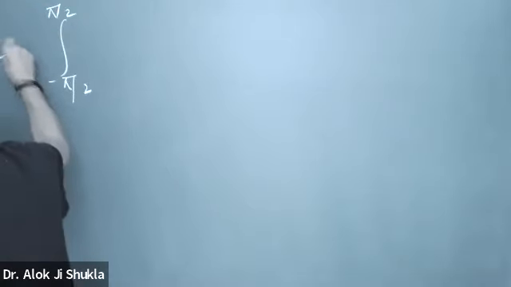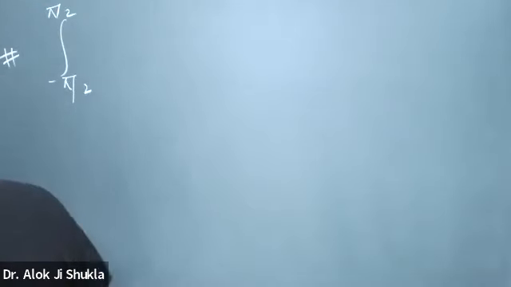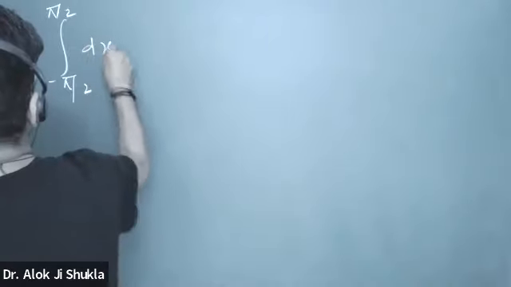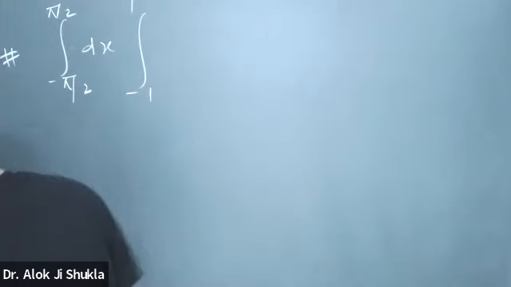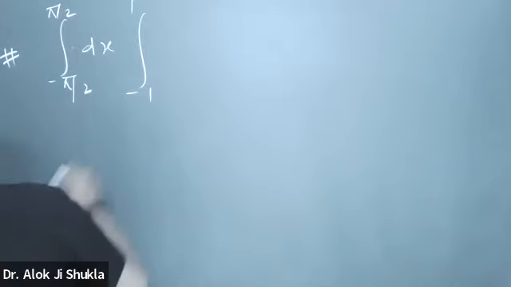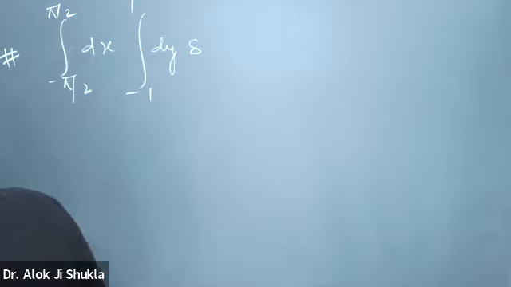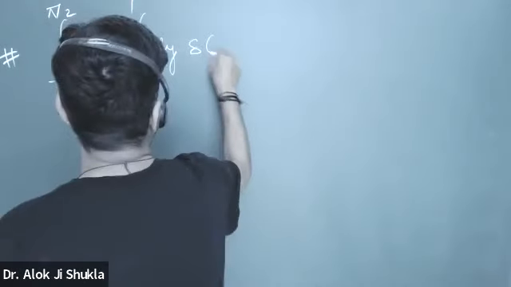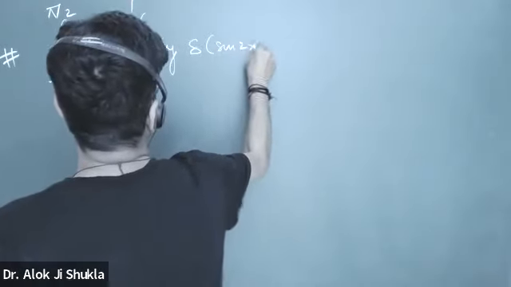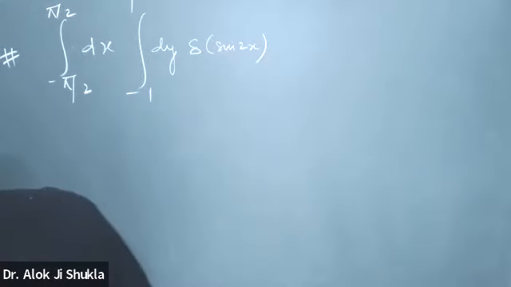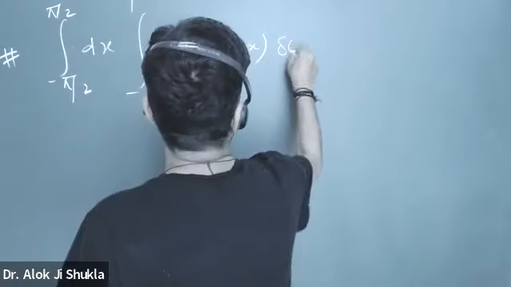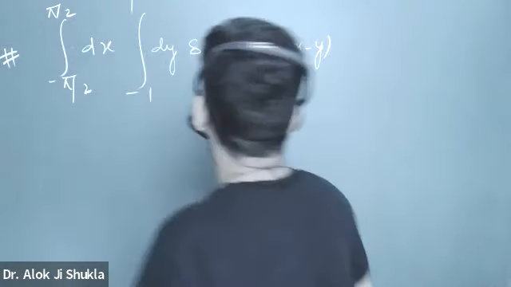Now suppose somebody asks you to calculate this integral: integral from minus pi by 2 to pi by 2 dx, integral from minus 1 to 1 dy, delta function sine 2x and delta function x minus y.